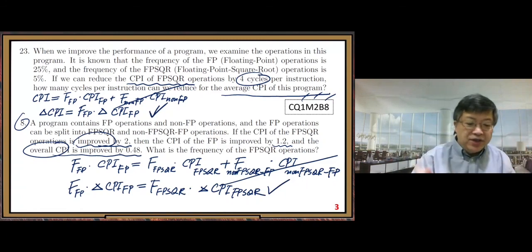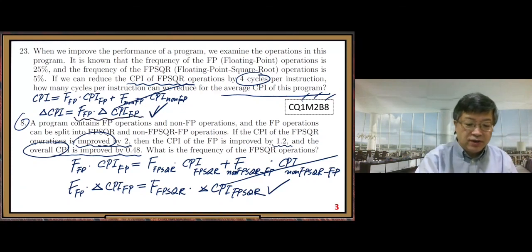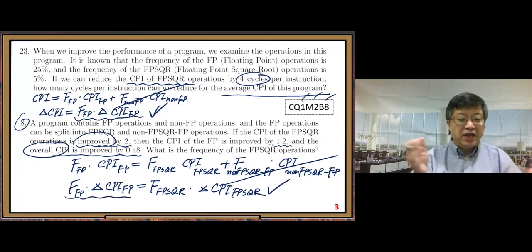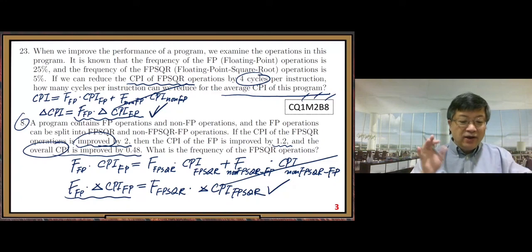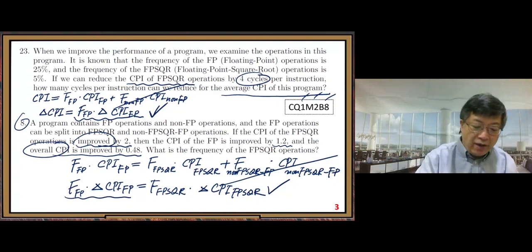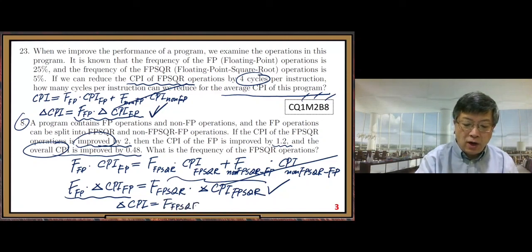Now, when we connect these two, you can see the right-hand side of the first equation equals the left-hand side of the second equation. Same thing. Then, if we do substitution, we have delta CPI equals just the right-hand side of the second equation, FPSQR times delta CPI FPSQR.